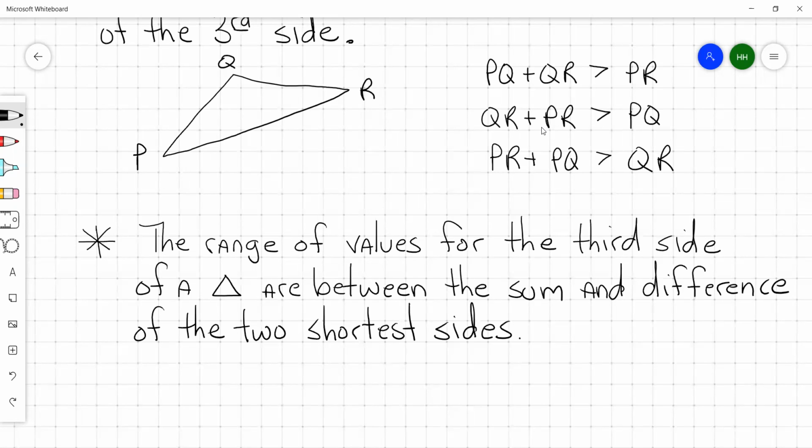The range of values for the third side of a triangle are between the sum and difference of the two shortest sides. You're going to be able to use this rule for all the problems that you do today. Okay?